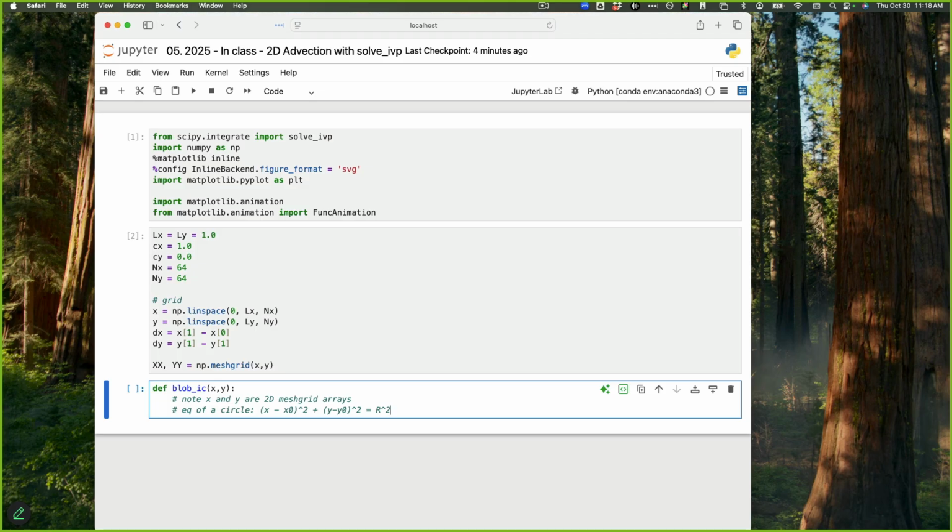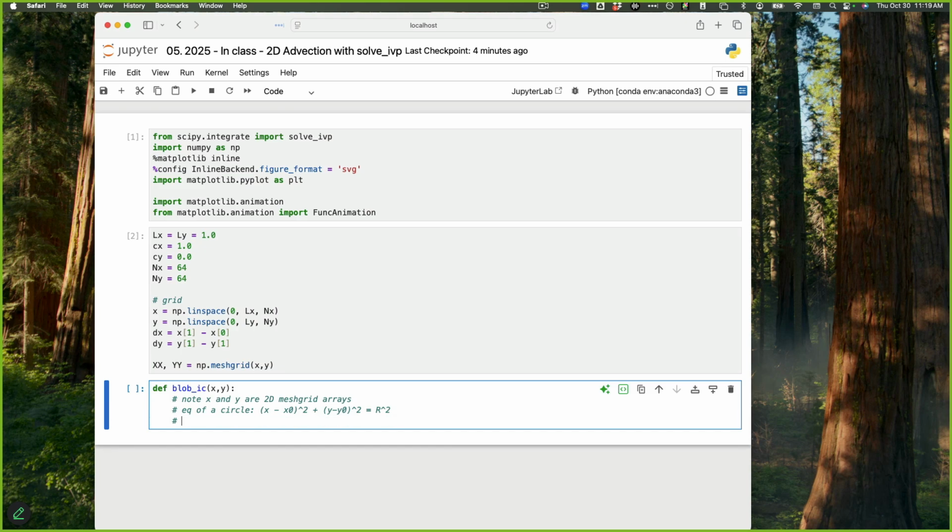Now, this is the equation of the circle. At the circumference, x minus x0 squared plus y minus y0 squared is exactly equal to r squared. Outside the circle, that sum is greater than r squared. Inside the circle, it's less than r squared.